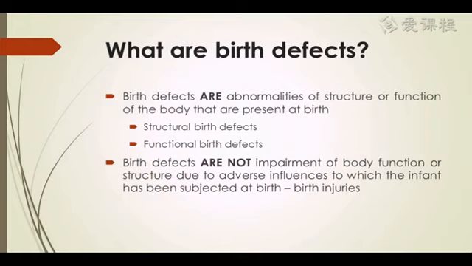For example, birth trauma and birth injuries are the words used to describe that type of situation. Birth defects indeed have more inner reasons, like genetic defects or genetic mutations, stuff like that.